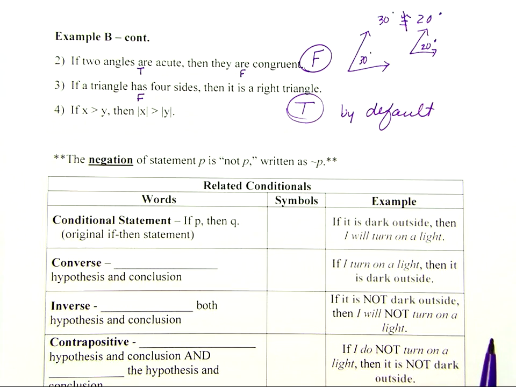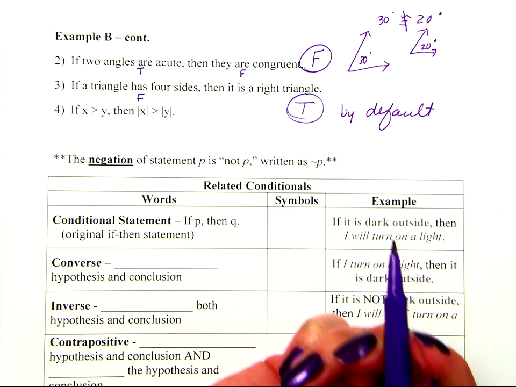And then finally, number 4: if x is greater than y, then the absolute value of x is greater than the absolute value of y. In a case like number 4, we want to try to pick some examples to see if it's true all the time, or if we can think of a case when it's false.